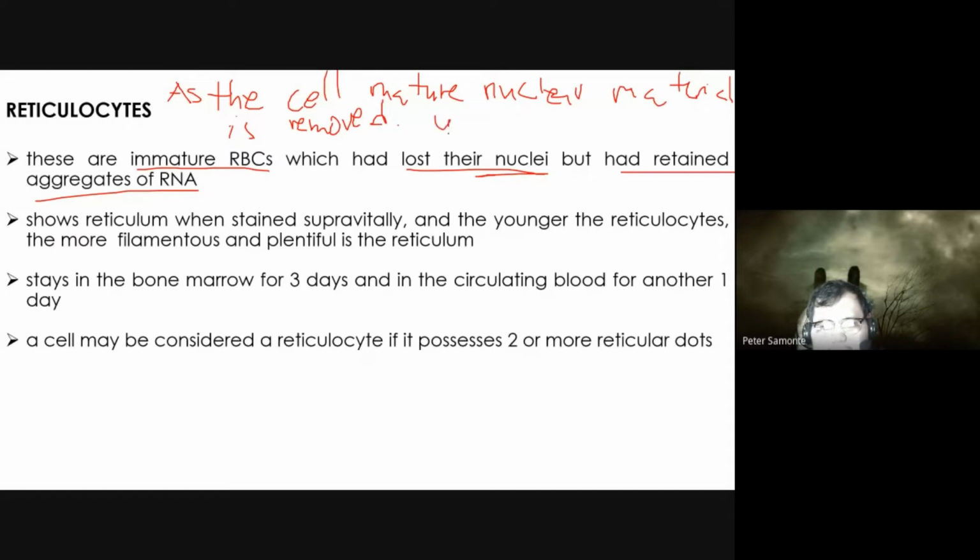Meaning, kapag younger ang cell, increase ang nuclear contents niya. So ang reticulocytes are young cells. These are immature RBCs that have no nuclei but they have retained aggregates of RNA. So, meron siyang RNA class na natira.